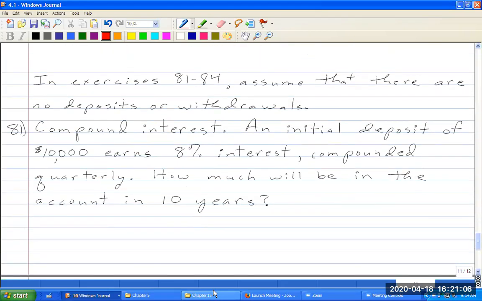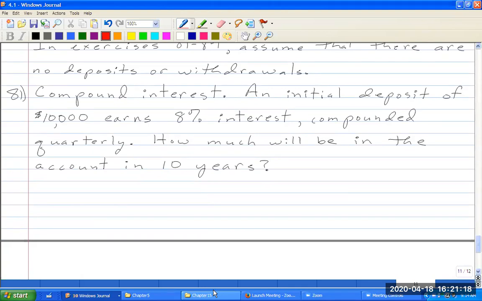In exercises 81 through 84, assume that there are no deposits or withdrawals. Compound interest. Initial deposit of $10,000 earns 8%.